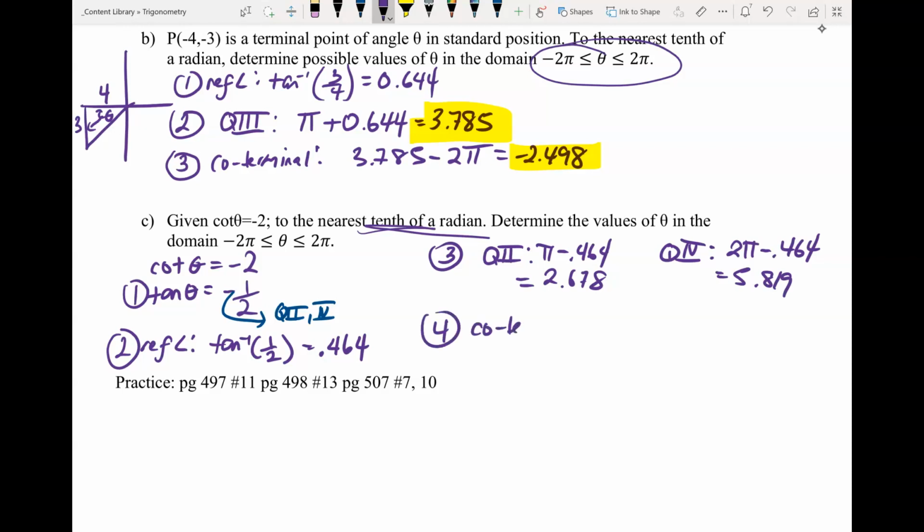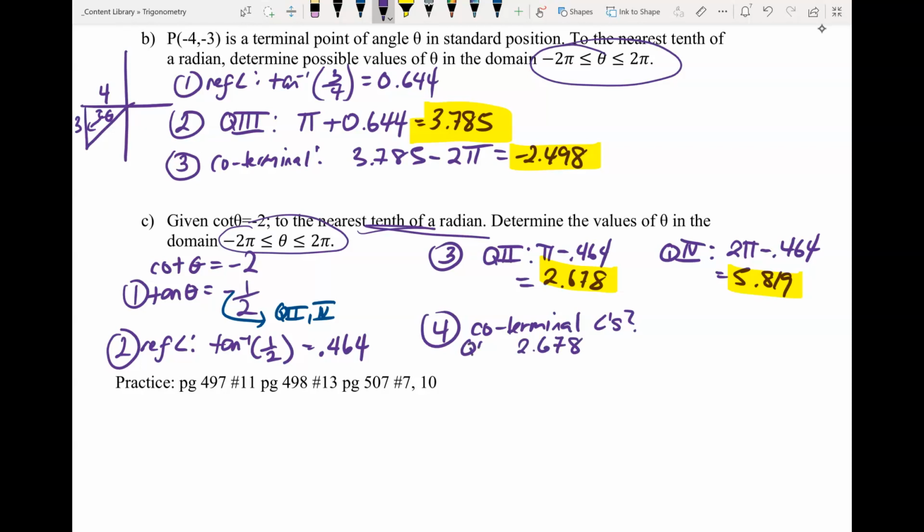Now we're going to find the coterminal angles of each of them. So these two are part of our solution. We still need the negative ones because our domain is between negative 2 pi to 2 pi. We find coterminal angles. Here again, we want the negative ones. So I'm going to subtract 2 pi to each angle.